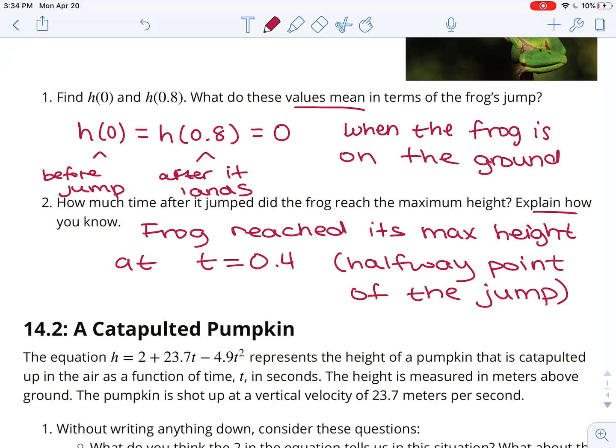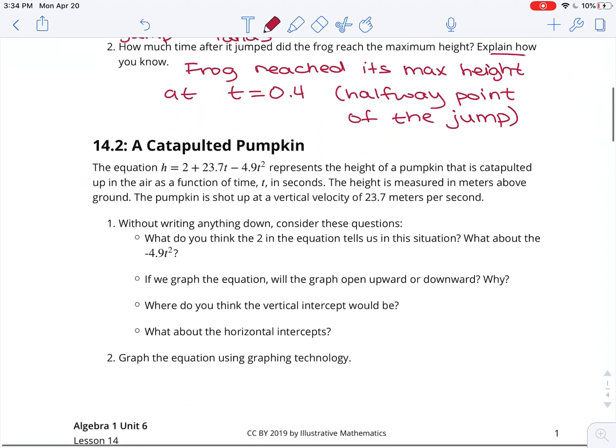And so if we were to graph the function, the vertex of the graph would have a horizontal coordinate, or in this case the t-coordinate, of 0.4.